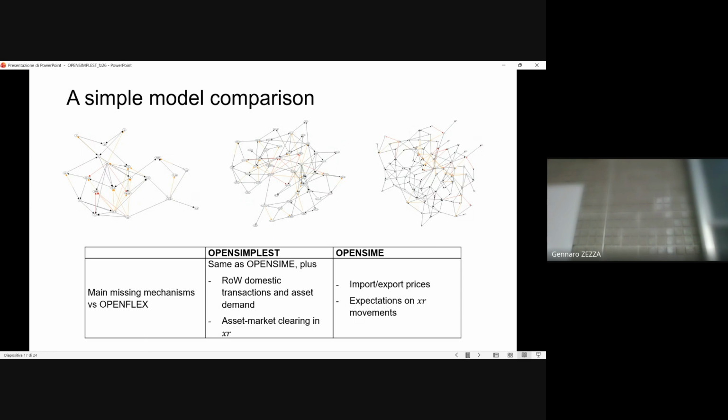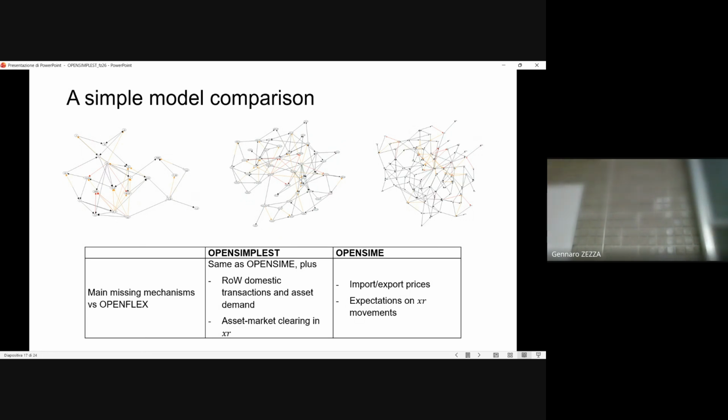My model simplified it further. So I have all the missing mechanisms that Emilio has, plus some other ones. The first one is that, of course, I'm shutting down a technical economy. This means that I don't have explicit asset demand functions for the second country, because the second country is now just an aggregate and it's mostly residually driven.